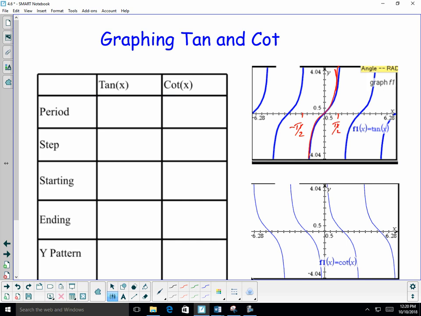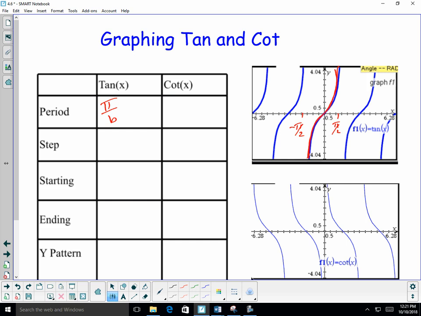It only takes between negative pi over 2 and pi over 2 to do one complete graph. So when I find my period for tangent, on sine and cosine we took the normal period, which is 2 pi, and divided it by b. But because our normal period is pi for tangent, I'm just going to take pi and divide it by b, because the new period for tangent is only 1 pi.